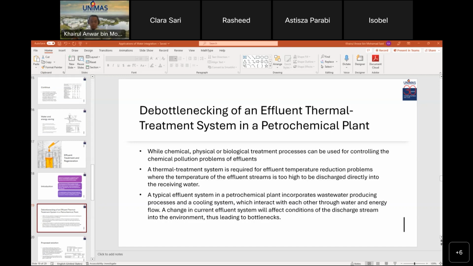These process changes influence the thermal treatment performance and consequently affect the condition of the discharge stream into the environment. In such a situation, to overcome the bottleneck in the effluent cooling system, a combined water energy analysis procedure is required.